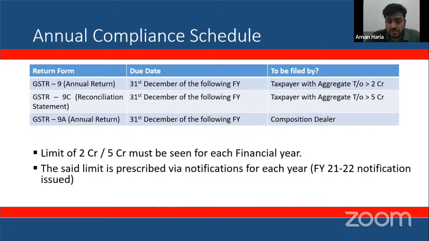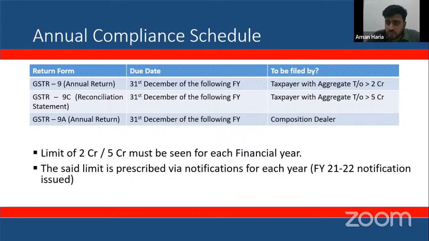So if your turnover is between 2 crores and 5 crores, you are required to file only GSTR 9 and not 9C. If your turnover is greater than 5 crores, you are expected to file both GSTR 9 and 9C. For composition scheme dealers, GSTR 9A is required to be filed. The due date for all these three returns is 31st December of the next year.